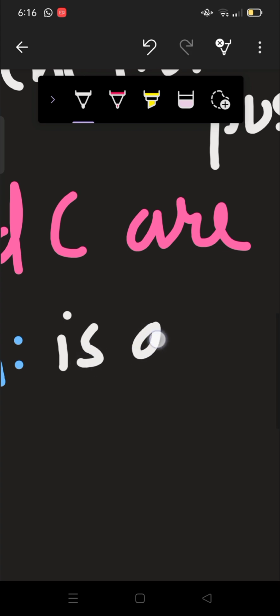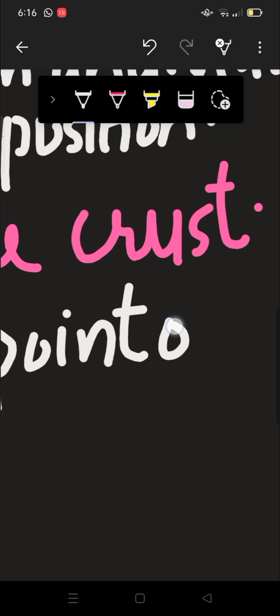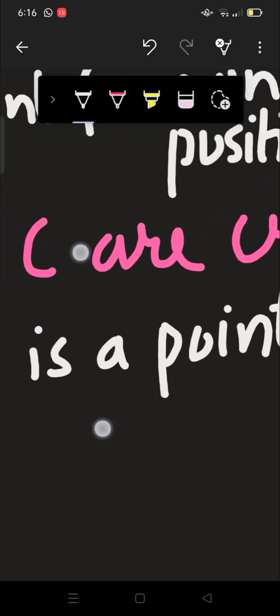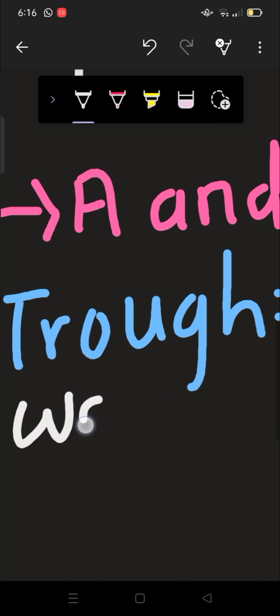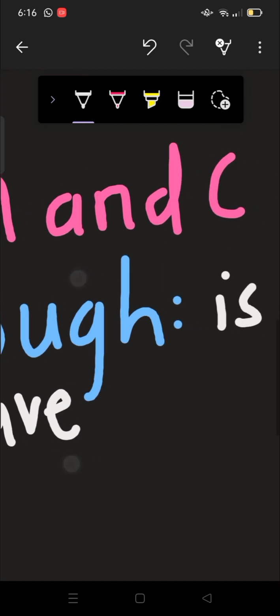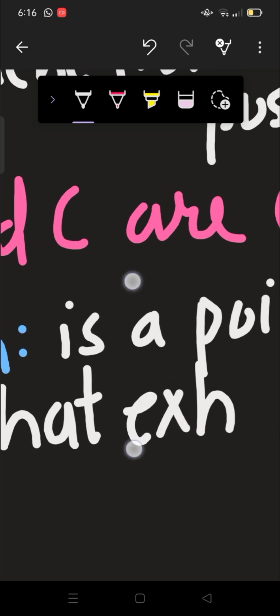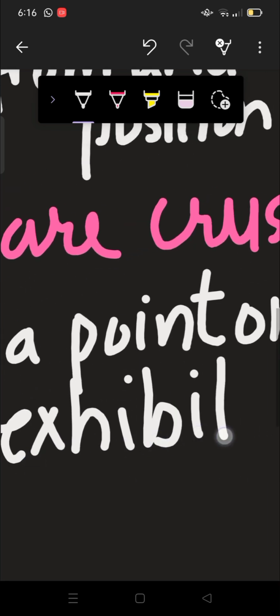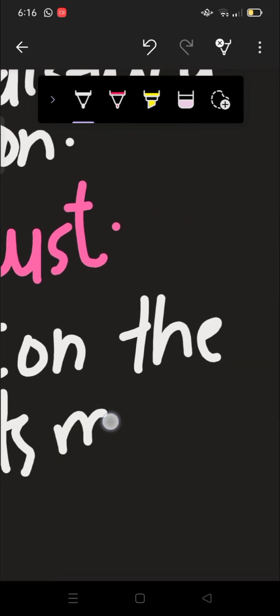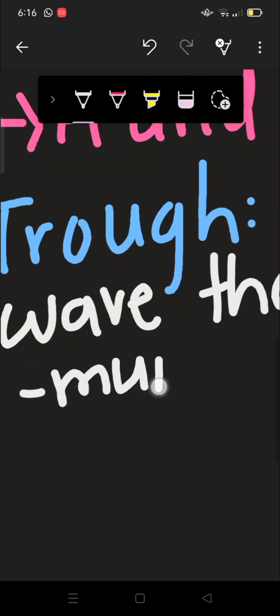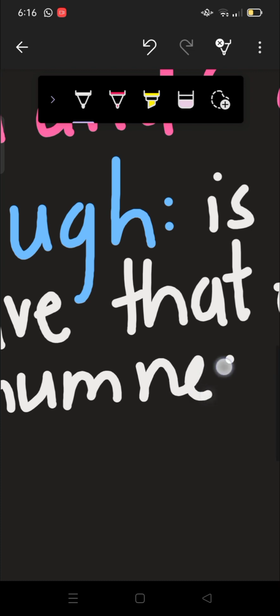A trough is a point on the wave that exhibits maximum negative. There we used maximum positive; here we are using maximum negative.